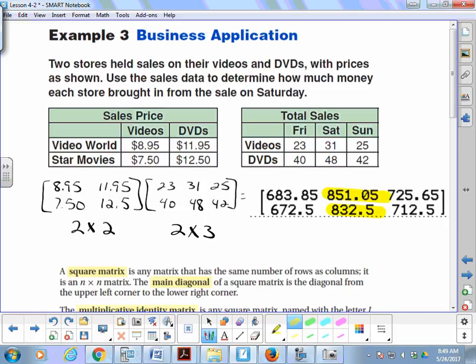These two here represent how much money they made on Saturday. So remember, if you're working with a word problem, the columns here and the rows here have to be the same for it to work.